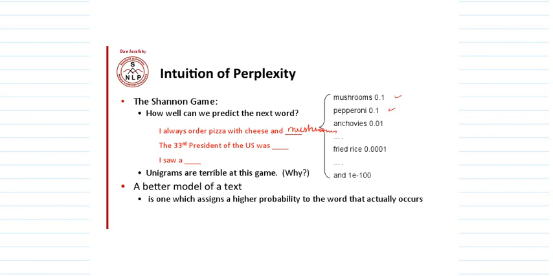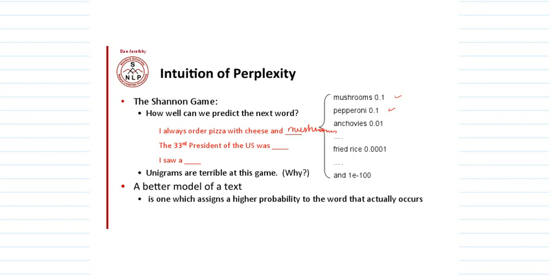So the probability of mushrooms given this sentence, and pepperoni given this sentence, and anchovies given this sentence will be calculated, and then we choose the one with the highest probability. Similarly we can test it on different sentences. This is the idea given by Shannon, to predict the next word.